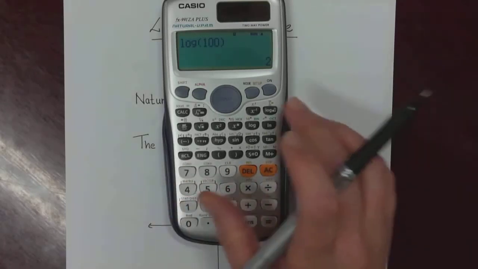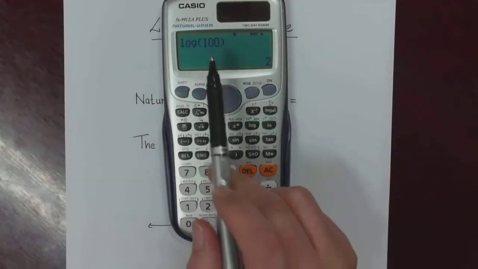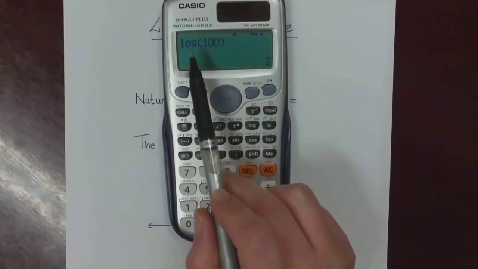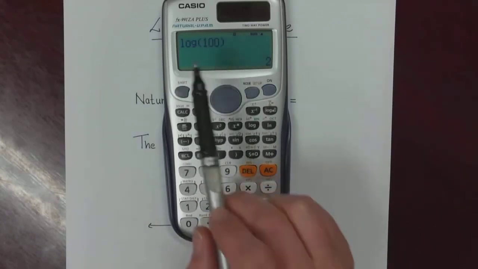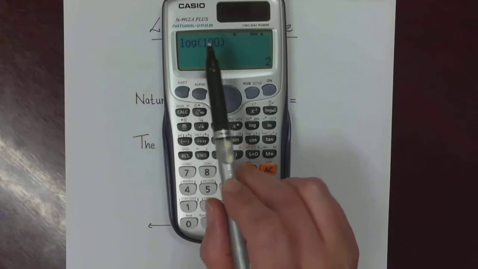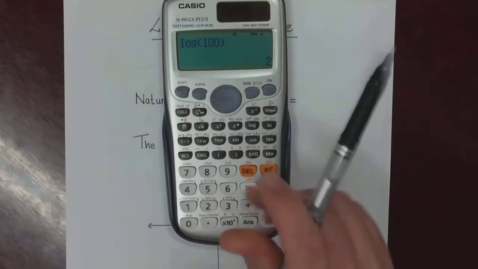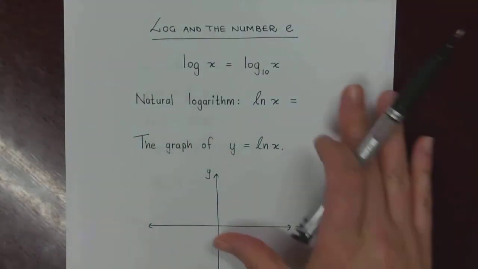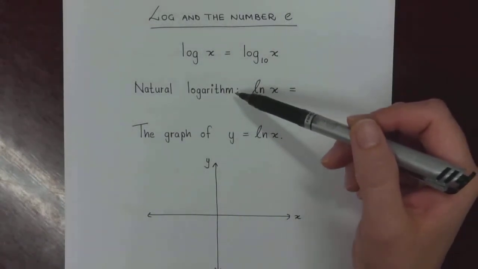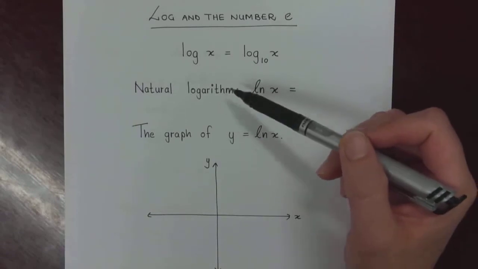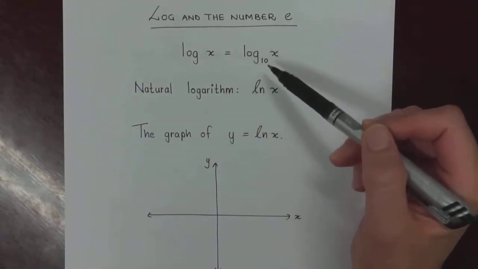But the problem comes with the fact that technically speaking, that base number of 10 doesn't help us at all when we get to calculus. So when we get to derivatives and when we get to integrals, the base number of 10 is absolutely useless to us. So what then happened was, specifically Euler decided that your natural logarithm shouldn't be log base 10 of x.